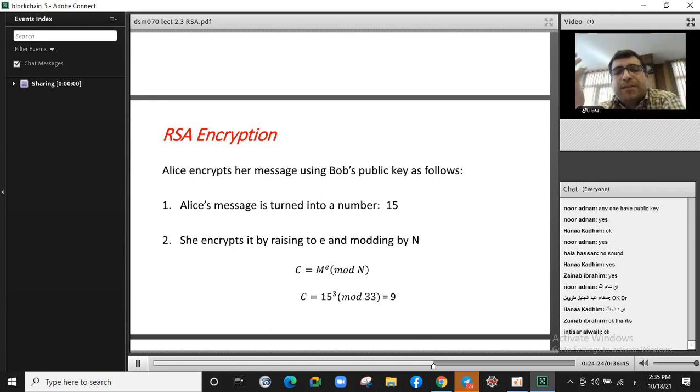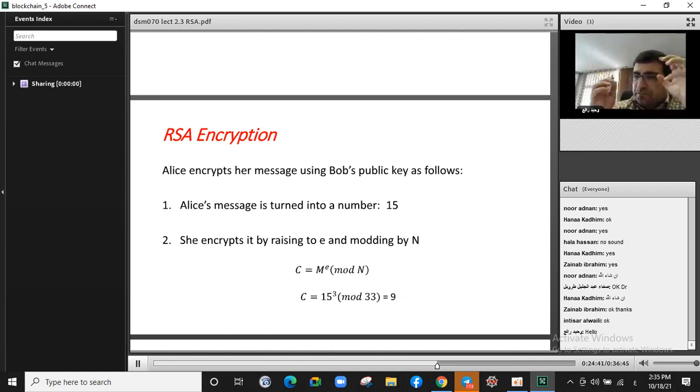We should convert our message to a number. For example, if you want to send a message like hello, you can say, okay, at first I encrypt H, then I encrypt E, then I encrypt the first L, then the second L, and finally O. For encrypting the H, you can simply use its ASCII code.